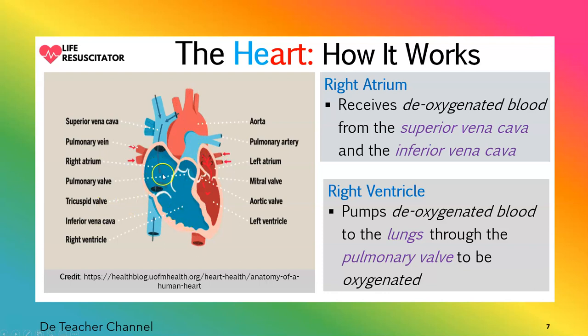Remember that the blood on this section of the heart has little or no oxygen, so it has to go and pick up oxygen. The blood goes to the lungs, picks up oxygen, and then returns to the heart through the left atrium.